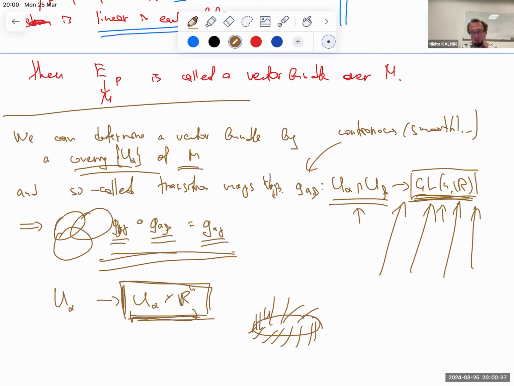So you just explicitly show how you change the tangent vectors when you change the coordinates.